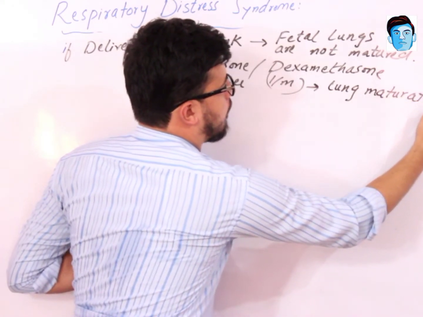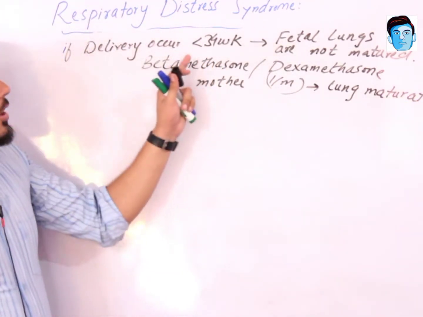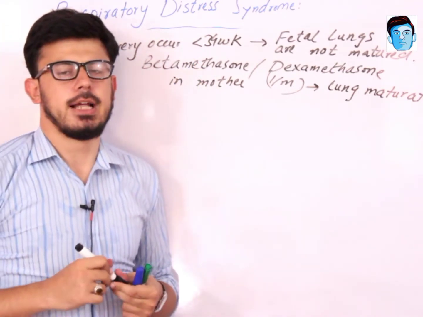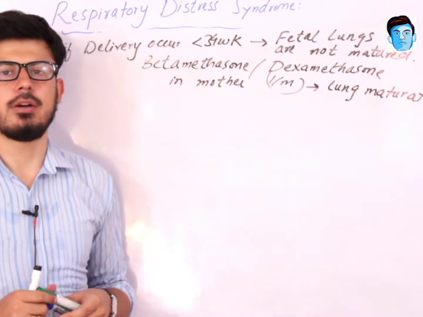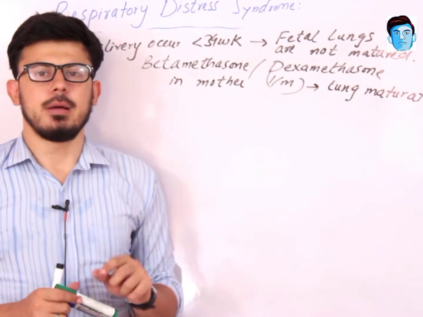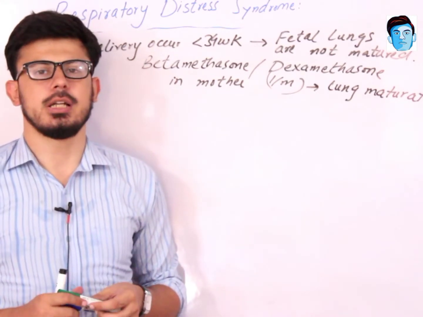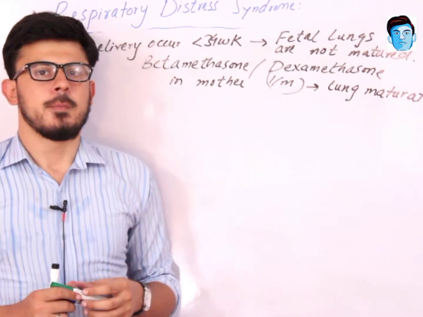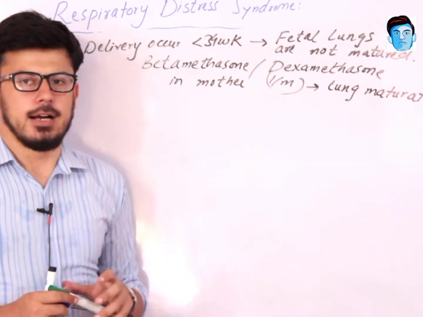So if delivery occurs below 34 weeks, the fetal lungs are not matured, so we have to inject betamethasone or dexamethasone in the mother just to mature the fetal lungs.